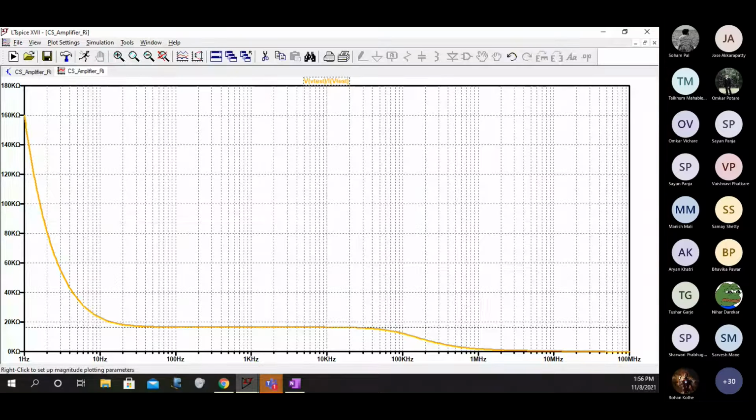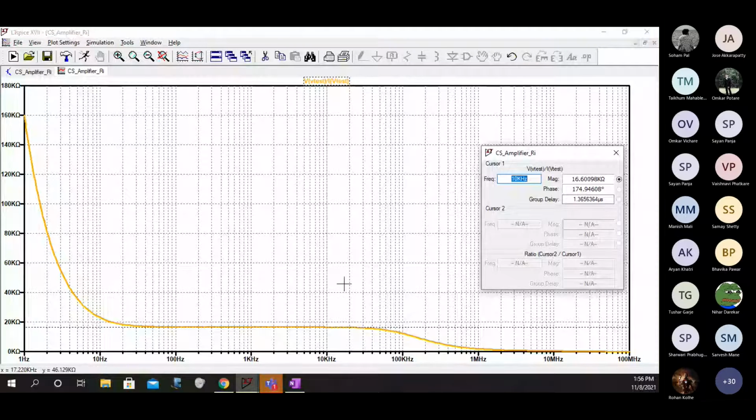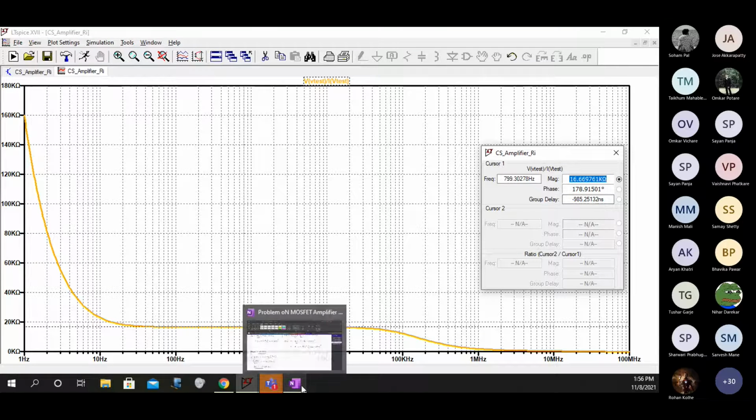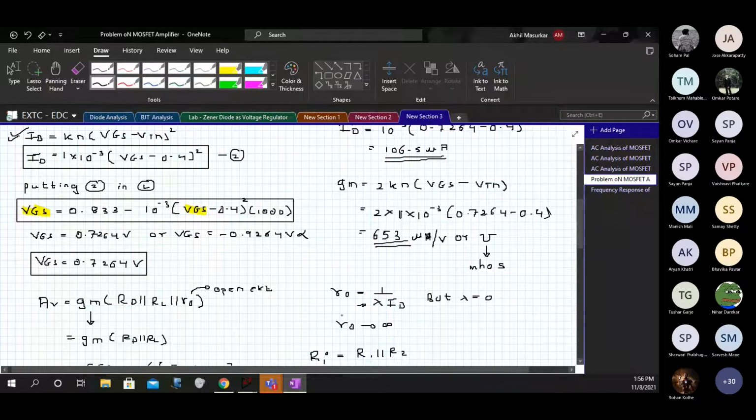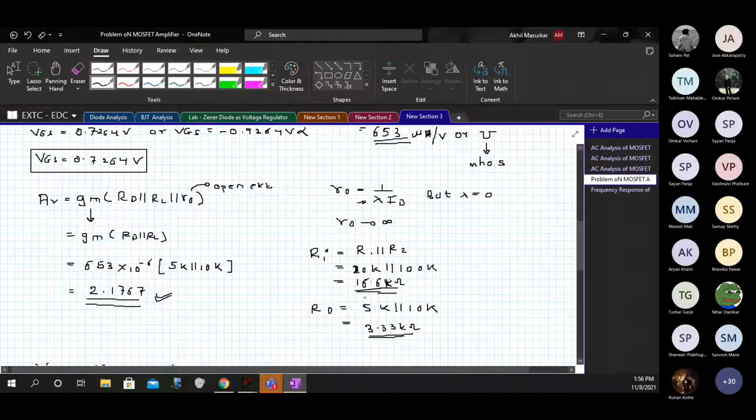If you want to see how much this value is, you can move this cursor to the middle part like this, and you can see it is around 16.66 kilo ohms. So let's see whether our calculated value was in that range or not. Okay, very good. Our value was in the same range, 16.66 kilo ohms.